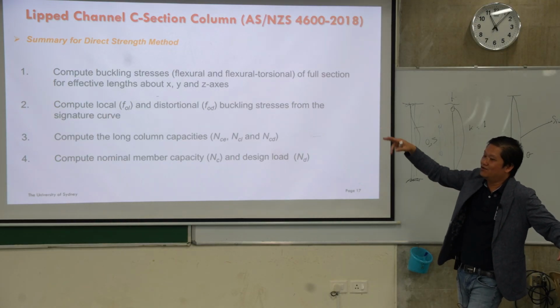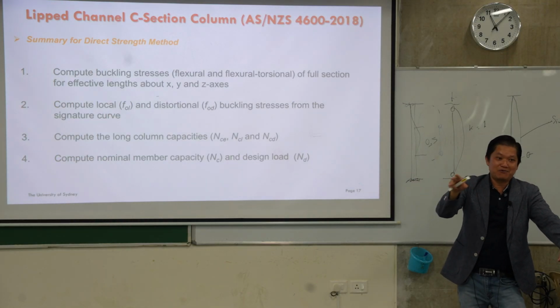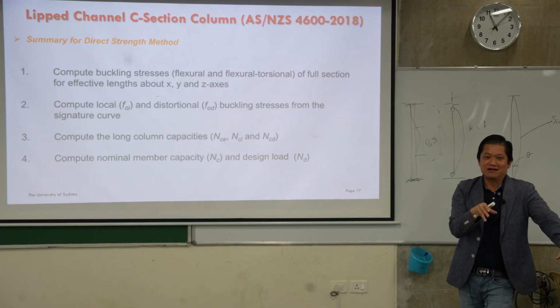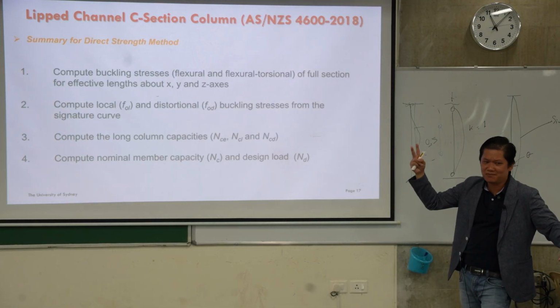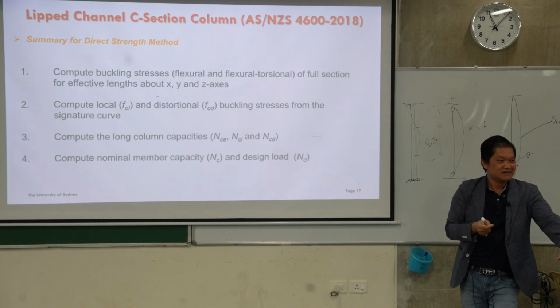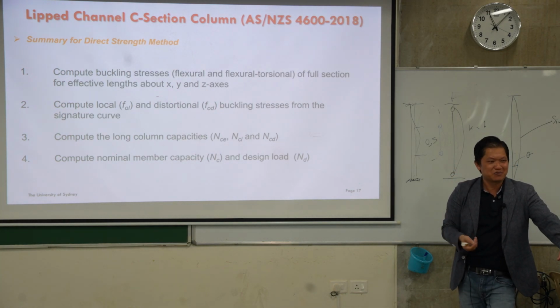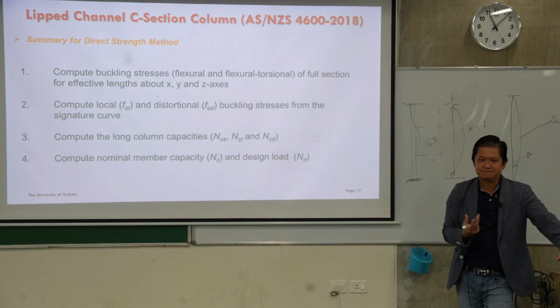So in general, as we compare with what we learned in the last three days or so, you can see how much simpler it is. In here, probably one page, and you can get the strength. With the effective width method, I don't know, it depends on how we work, but maybe 5 pages, 10 pages. But the thing is, it's not the pages, but the simplicity.